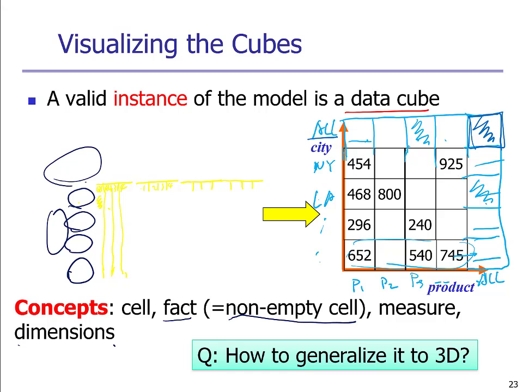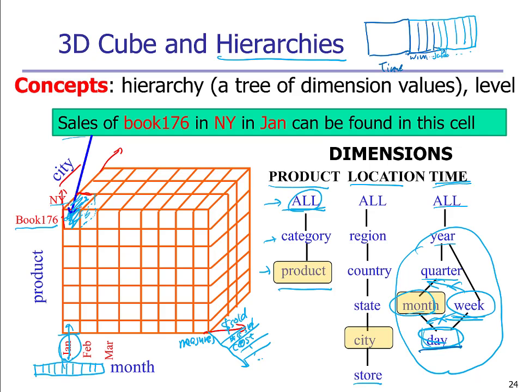But what makes a data cube different from a traditional relational database is that the row and the column, even for a 2D cube, can be swapped, whereas in a relational database you cannot, and the concept can be easily extended to a higher dimensional space, right?